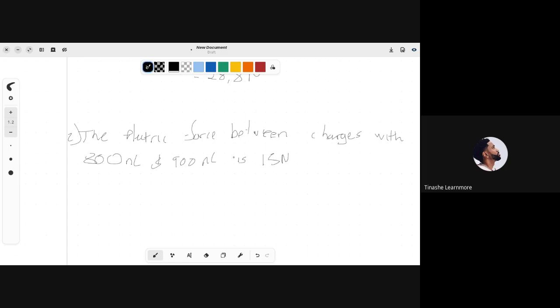This time they gave us the charges and everything, and they want you to find how far apart the charges are.